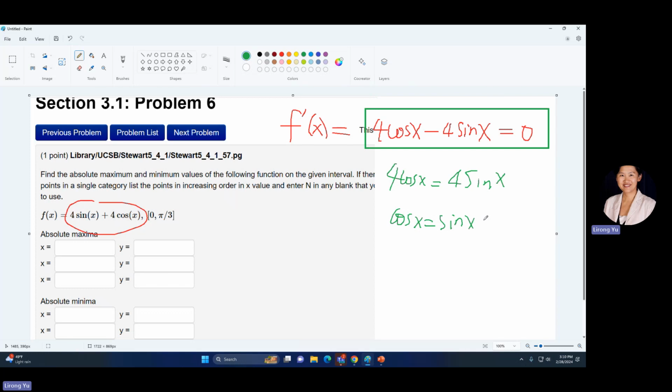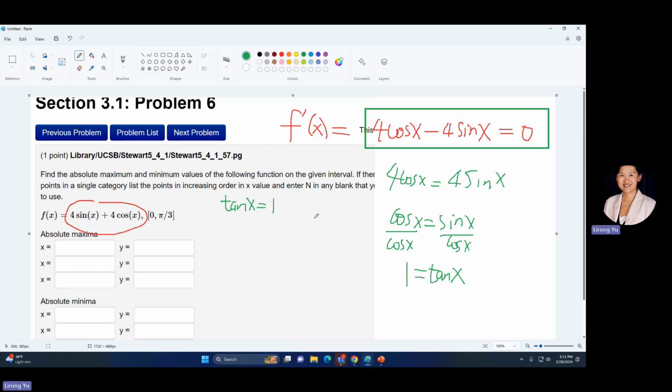To make it easy to solve, we divide both sides by cosine of x. That way we have sine over cosine. This is a 1, and sine over cosine is tangent of x. So now we need to solve tangent of x equal to 1.